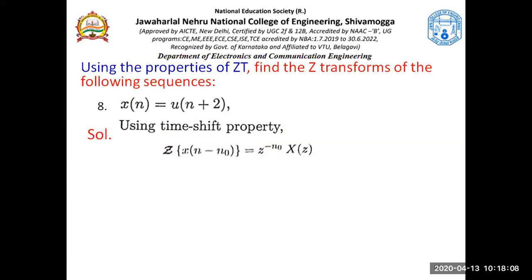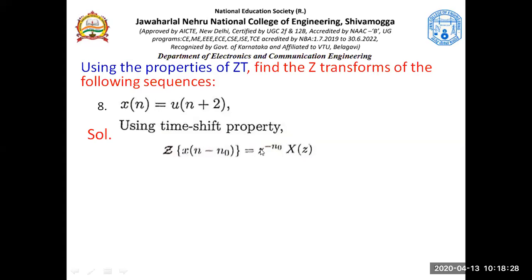If you understand one problem, you can solve many such problems. Where people will find problems is in understanding what is X of z. What is X of z? X of z is the z transform of x of n.